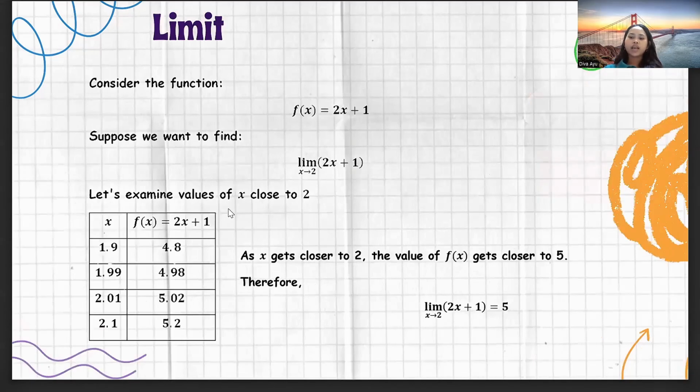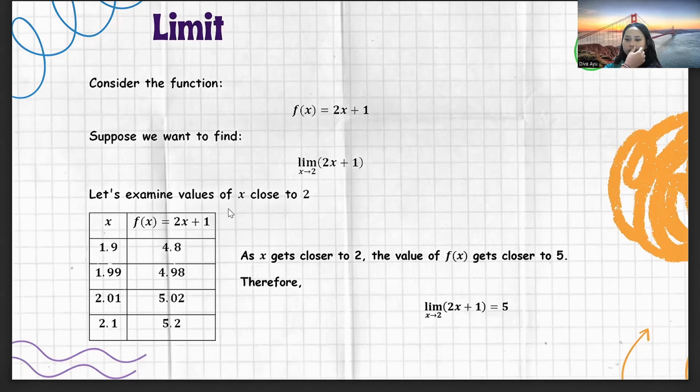On this slide, we have an example to help us understand limits more clearly. Consider the function f of x equals x plus 1. Suppose we want to find the limit of f of x as x approaches 2.